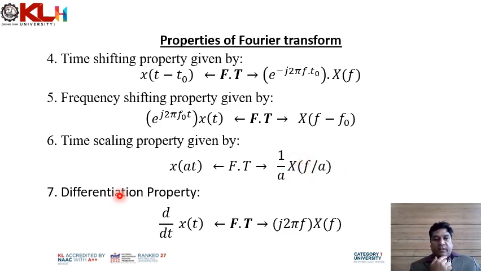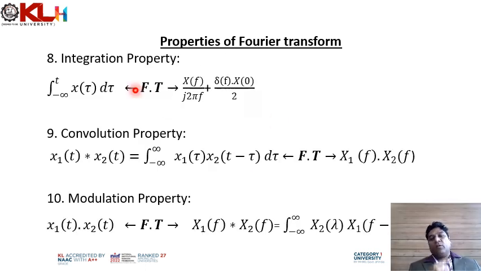Now this is the next, the differentiation property. If you take the derivative of x of t, its Fourier transform will be j 2 pi f into capital X of f. Now we are going to discuss the integration property. The integration property tells that the integral of x of tau d tau from minus infinity to t, this is the integral of x of t.